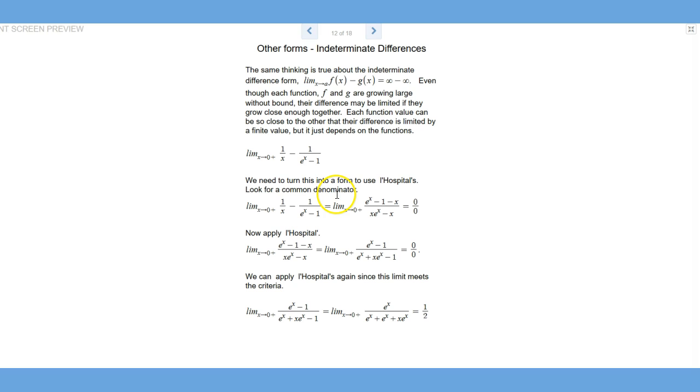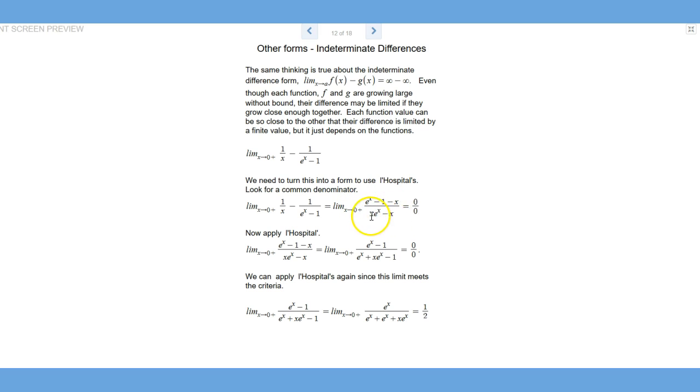So again, we're going to try to use L'Hopital's rule by turning this into a quotient. I'm going to find a common denominator and write this as a quotient. When I do that, I make sure these are still continuous and differentiable, and that they're of the form 0 over 0 or infinity over infinity, which it is.